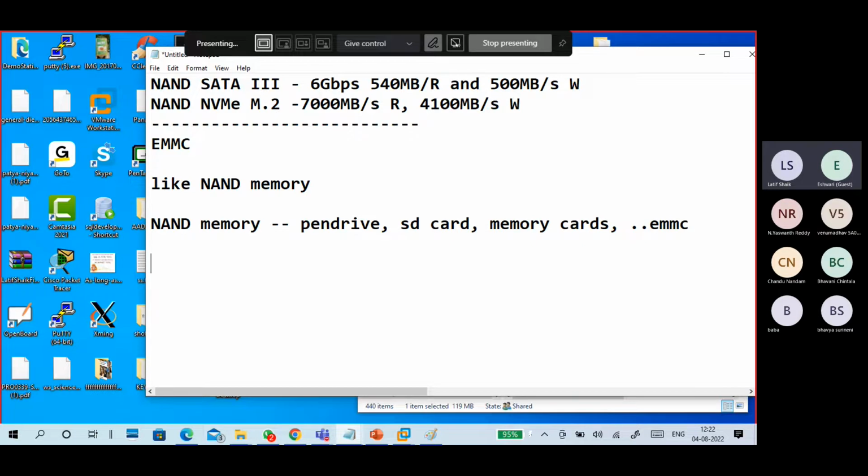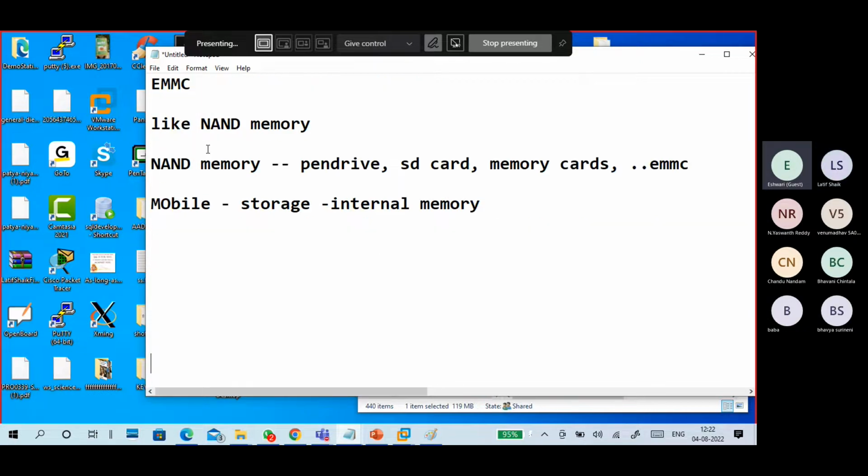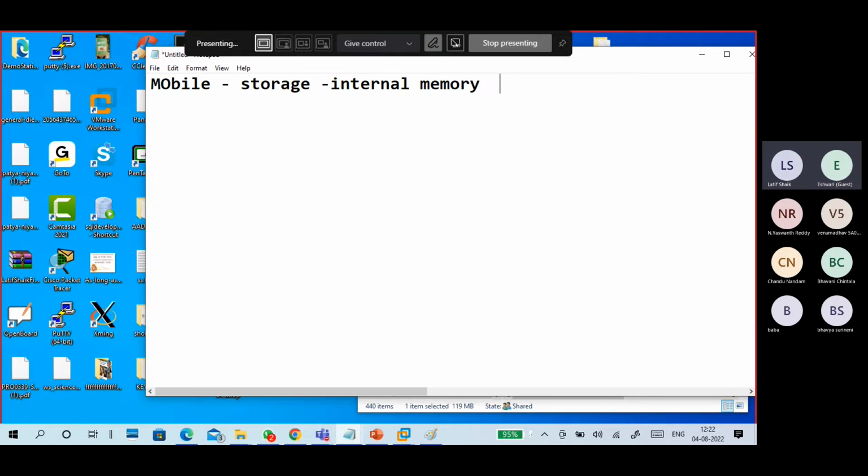Sometimes it is the internal part. For example, you have mobile storage, the internal memory. Internal memory is made up of an eMMC chip only, so then only we are able to store. Where do we use it?